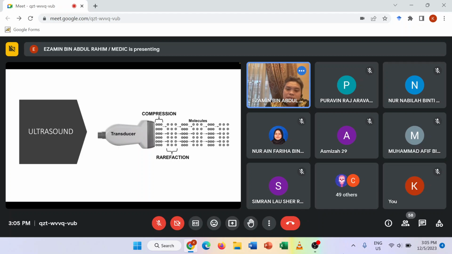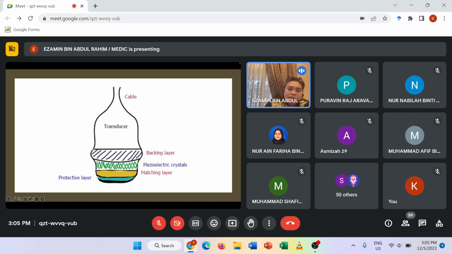There is compression of the sound and then rarefaction, which is the molecules of air or the medium we are pressing on. The thing that vibrates is the piezoelectric crystal, and then there is a protective layer and the transducer. This whole thing is what we call the transducer.